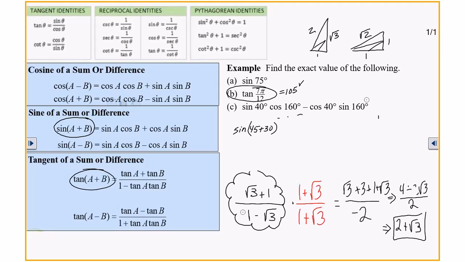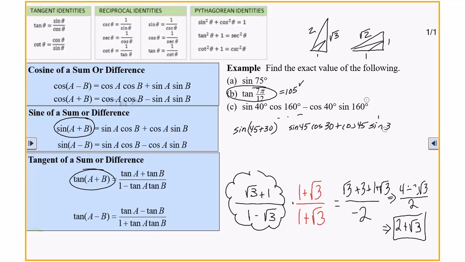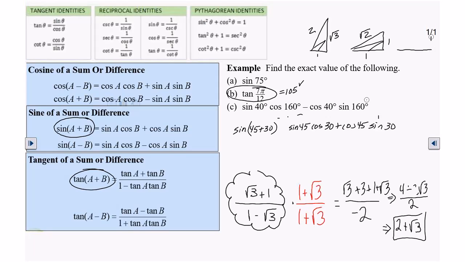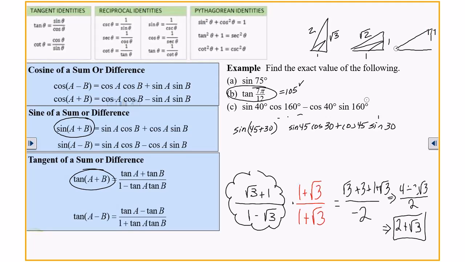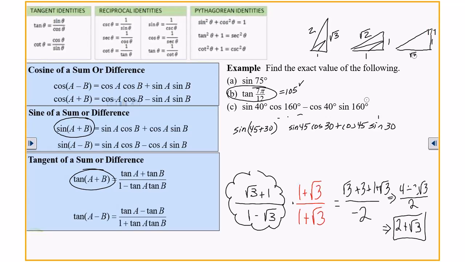So sine of 45, cosine of 30, cosine of 45, sine of 30. And we'll put 30 right here: 1, square root of 3, and 2.